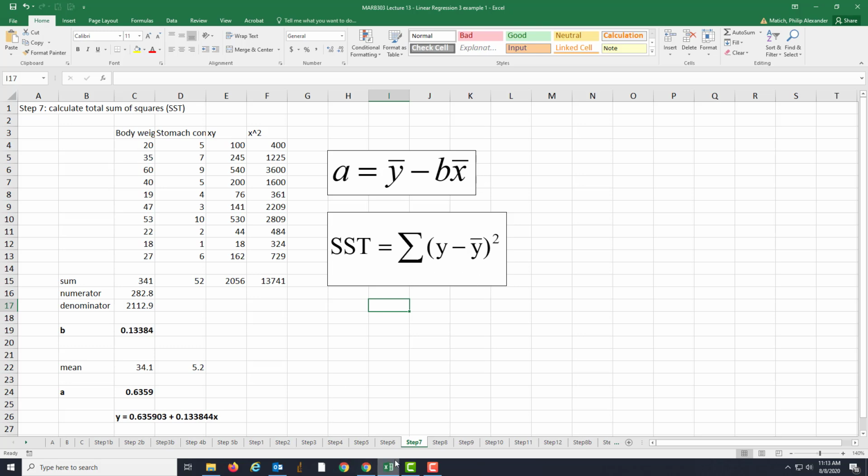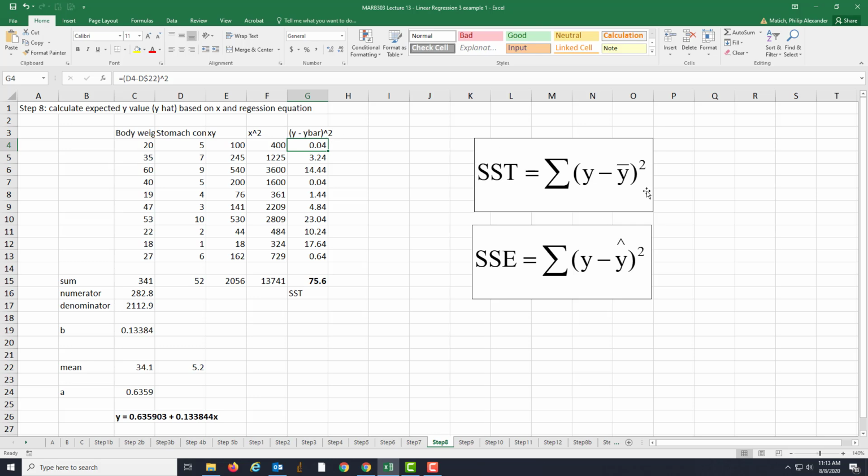So we can take our respective y values for stomach contents, subtract the mean, and then square each one of those values, again following orders of operations. After we do this, we can then take the summation of those values. Again, if we take the summation before we square it, the value is not going to be correct. So we have our total sum of squares.